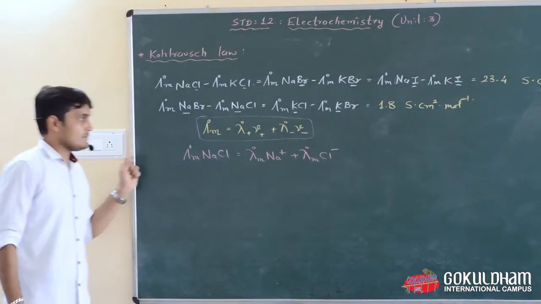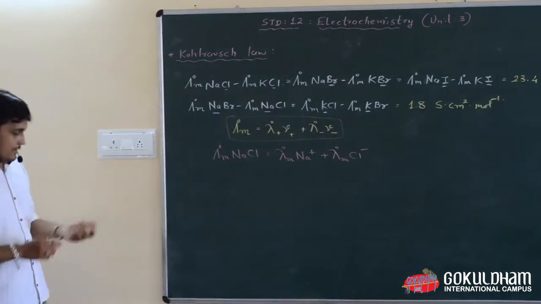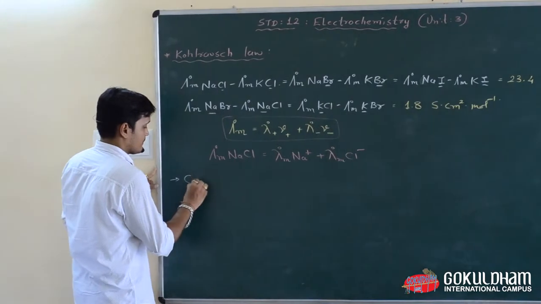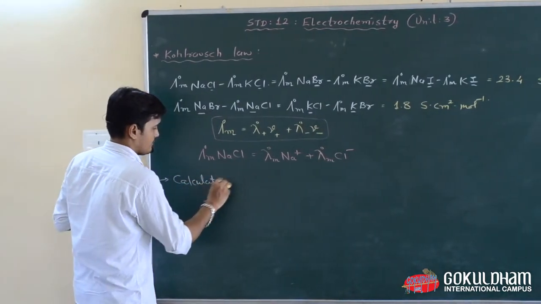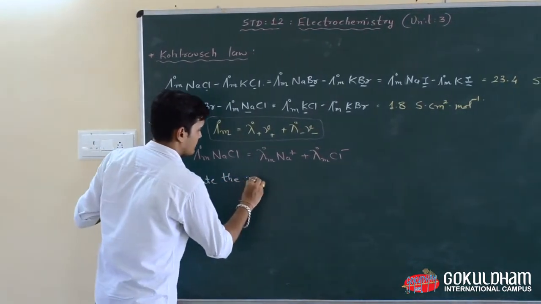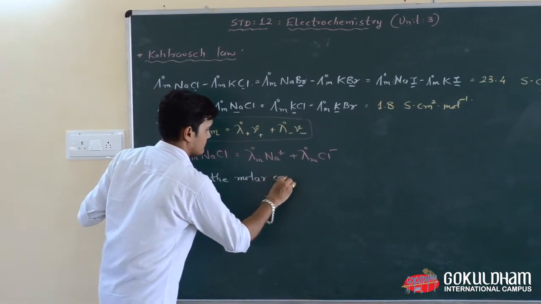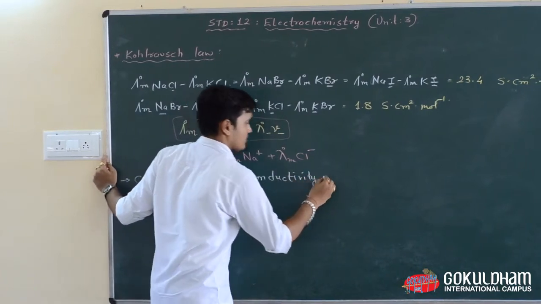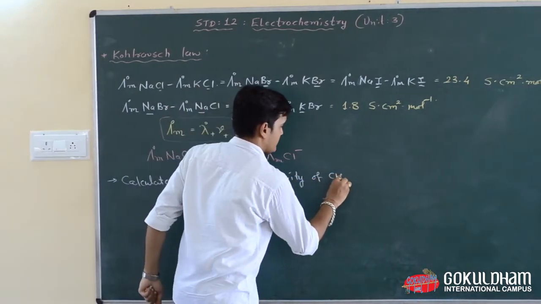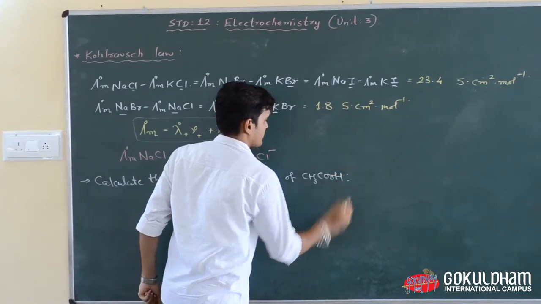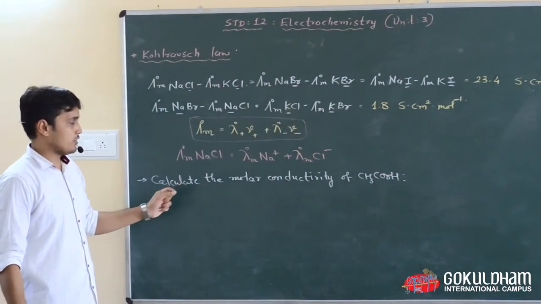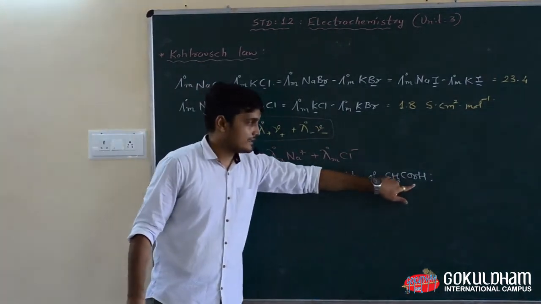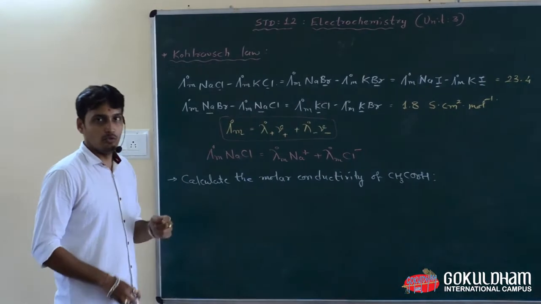Okay. Now if you are asked to calculate the molar conductivity of CH3COOH, this is one type of short example, and you can make this acetic acid from two reagents.